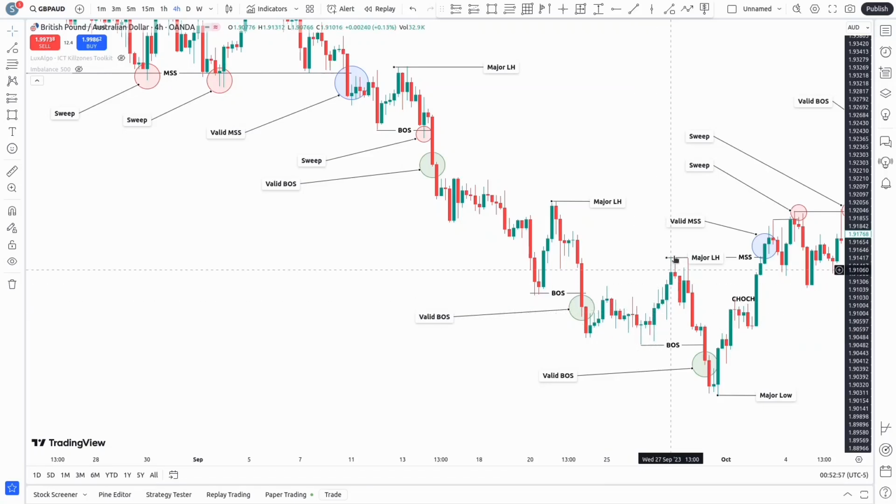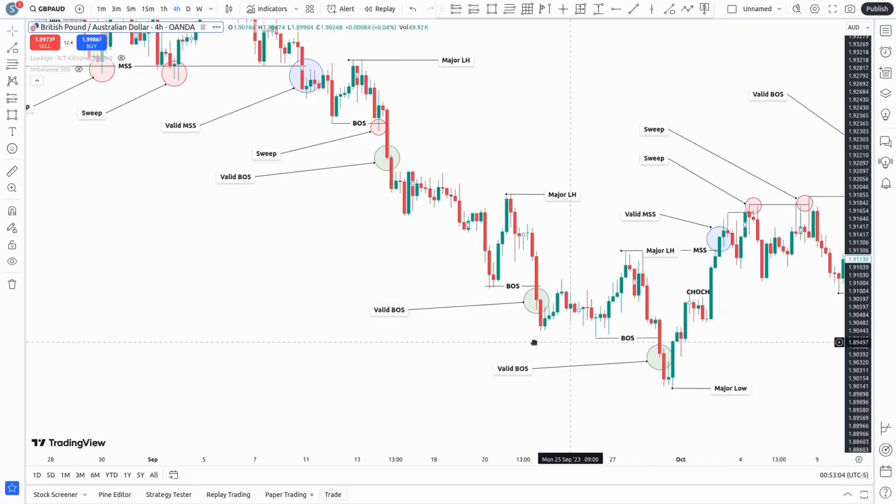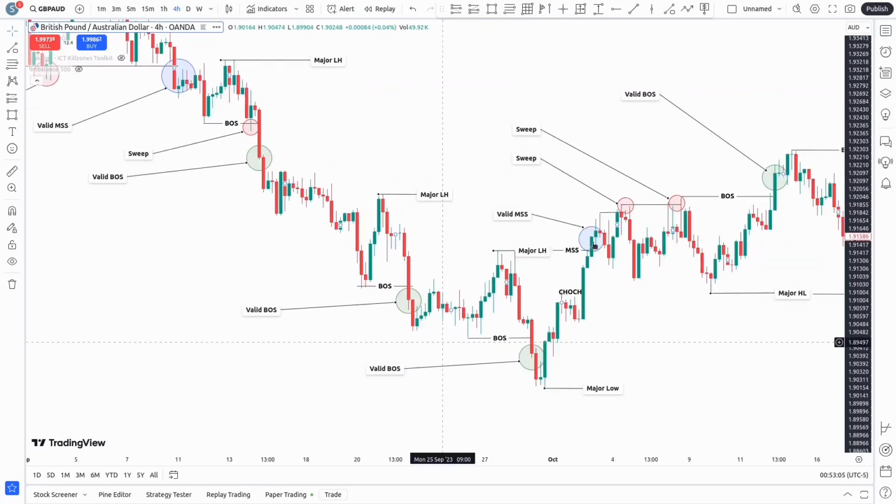So we get to this point. It still breaks another structure here, a valid BOS. Then this point now becomes our major lower high. Price must break this level for us to consider it a major market structure shift. So from this point, price started moving inside.